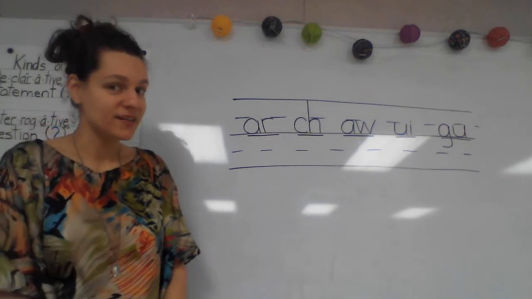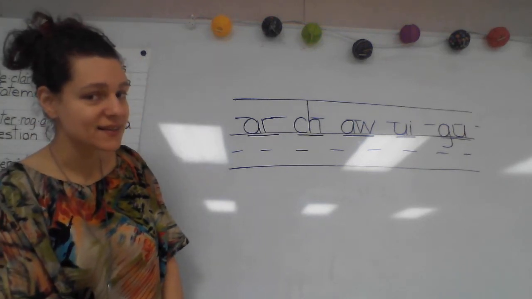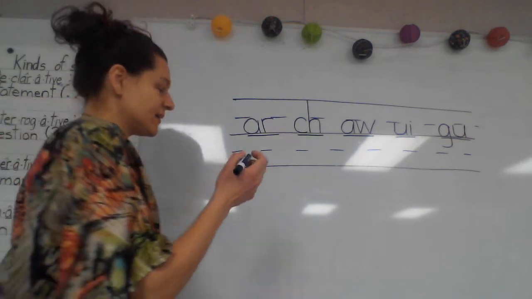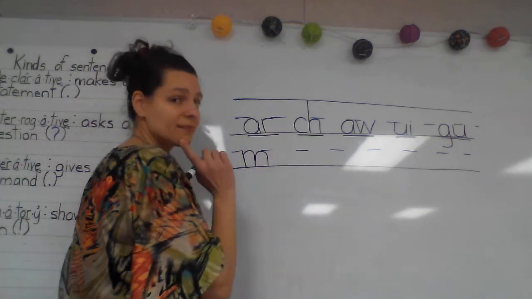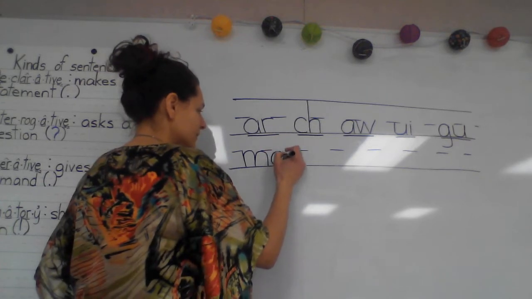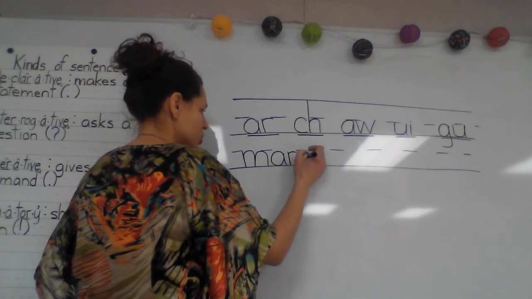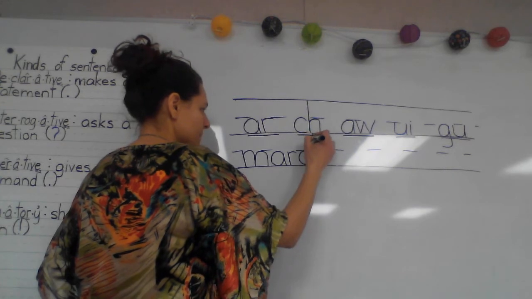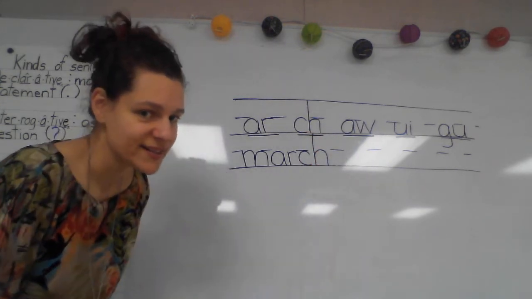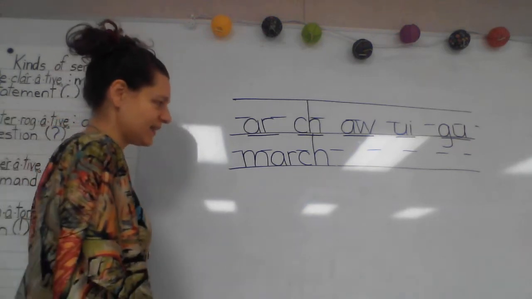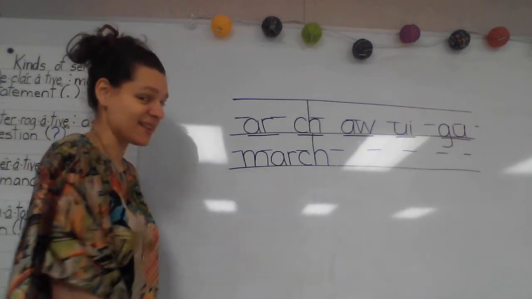All right, put your finger under the first phonogram in that word, class. What is it? Good. R. And good. Ch. All right, make sure your word looks like this, including that the first letter looks like this.